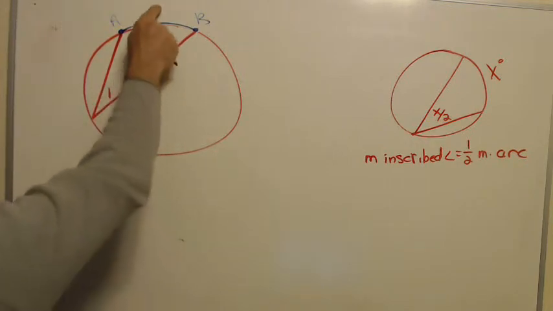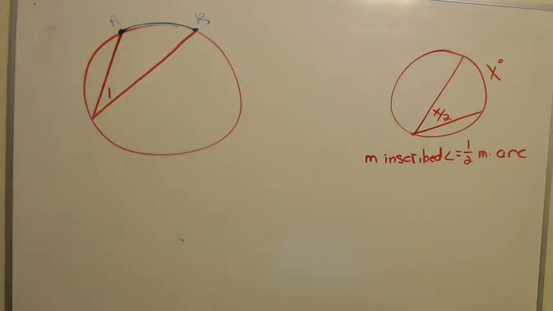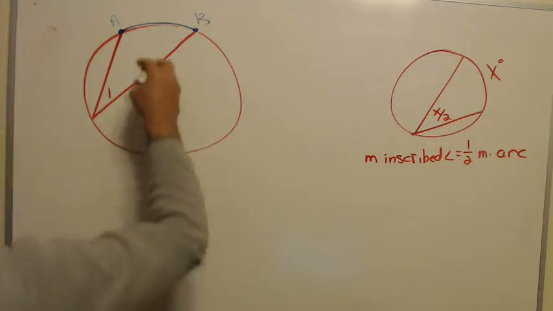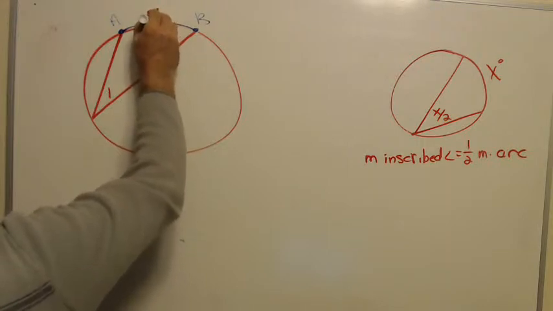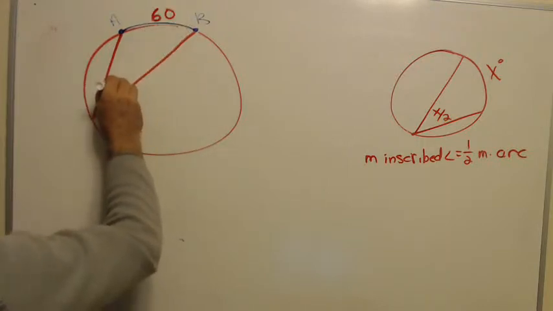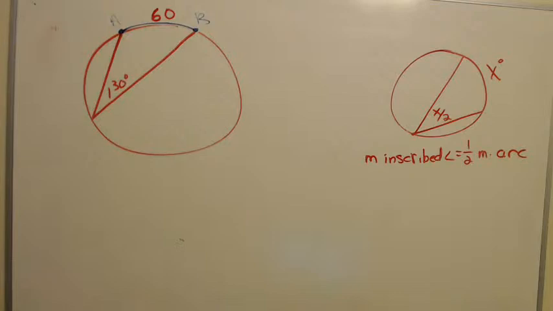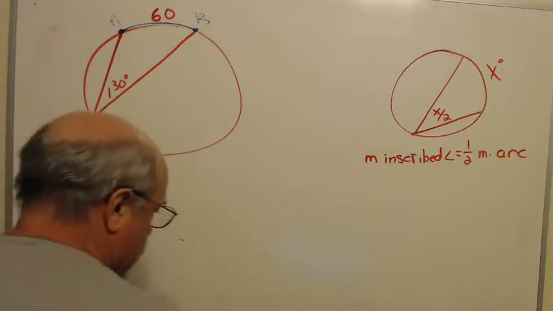Angle 1 is an inscribed angle that intercepts arc AB. Now, if arc AB, let's put a number up here. Suppose it was 60, we would know that angle 1 is 30. Now, suppose I've got some other angle in the picture.